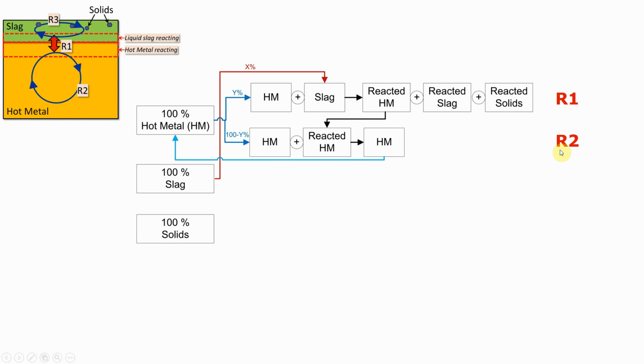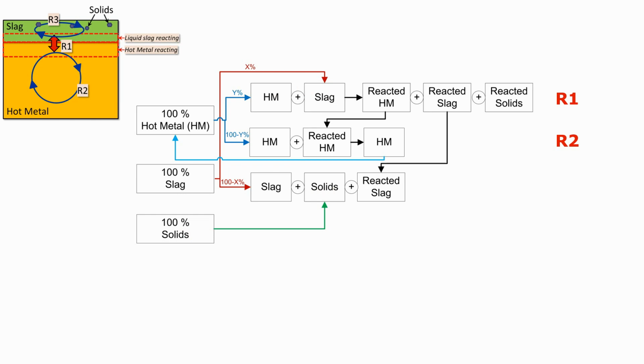In reaction 3, the slag and the solids are homogenized with the reaction product of R1. So we take the remaining bulk liquid slag here, so we add X% going there, so we'll have 100 minus X% going into reaction 3. Then the bulk solids, it's all of them because these solids cannot react in R1, so they will go directly there to be homogenized with the liquid slag.